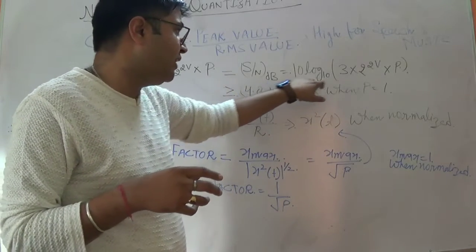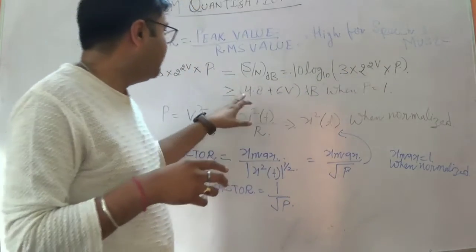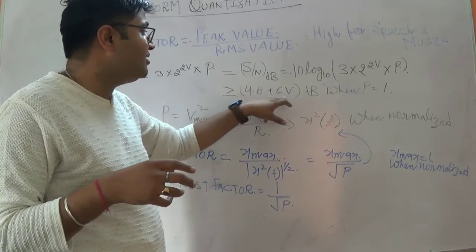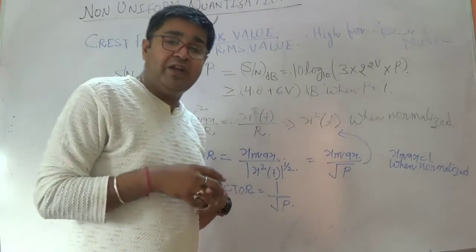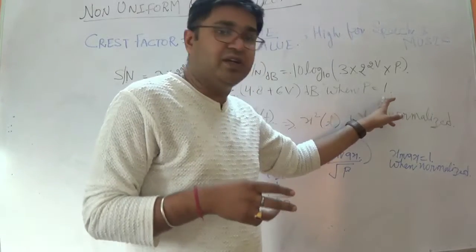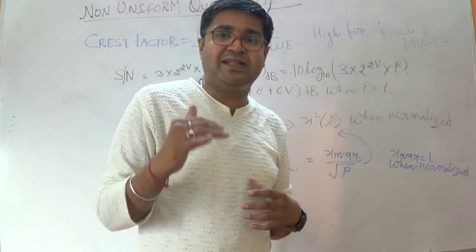So, 10 log 10 of 3 into 2 to the power 2v into P. This equation will come as 4.8 plus 6v dB. Whenever we are using normalization, then P becomes 1. That power factor will become 1.